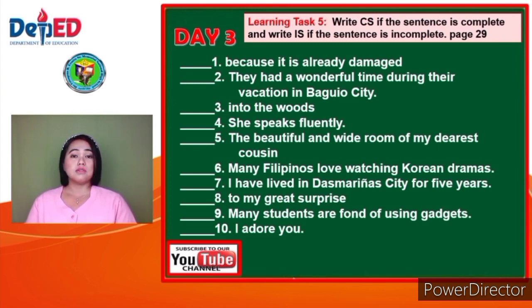Number 4. She speaks fluently. Number 5. The beautiful and wide room of my dearest cousin. Number 6. Many Filipinos love watching Korean dramas. Number 7. I have lived in Dasmariñas City for 5 years. Number 8. To my great surprise. Number 9. Many students are fond of using gadgets. Number 10. I adore you.